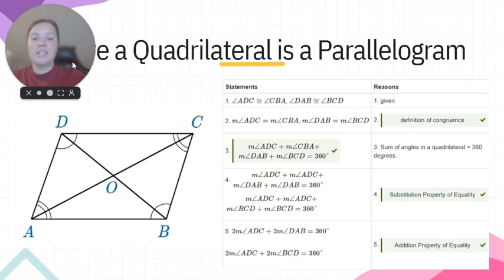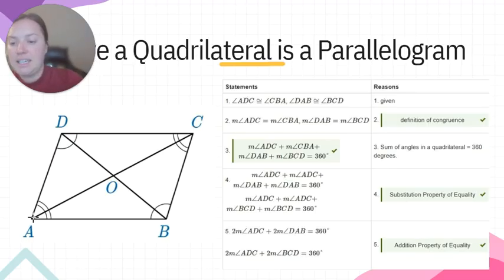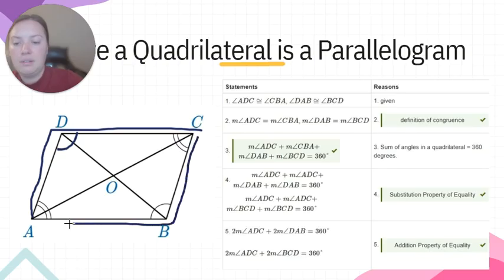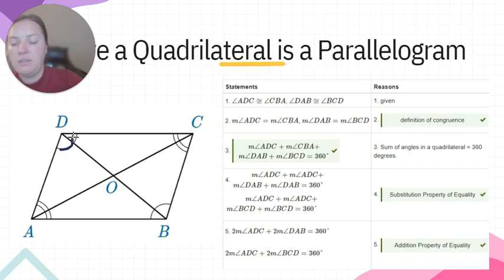How this proof works is we are given that angle ADC, this angle right here, and angle CBA are congruent to each other. The next one that we know is true is DAB, which is this double arc mark angle right here, and BCA, which is this double arc mark here.